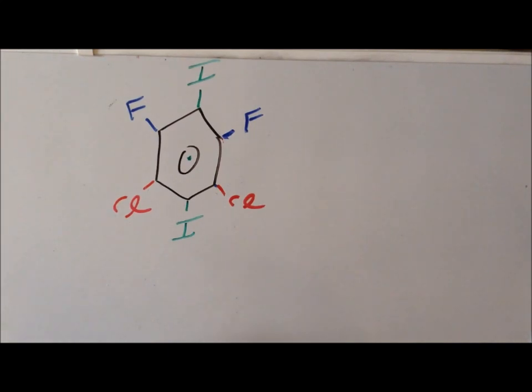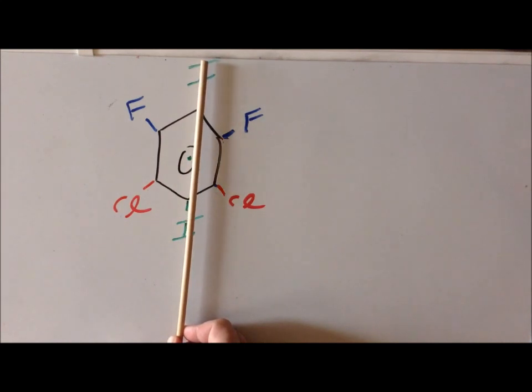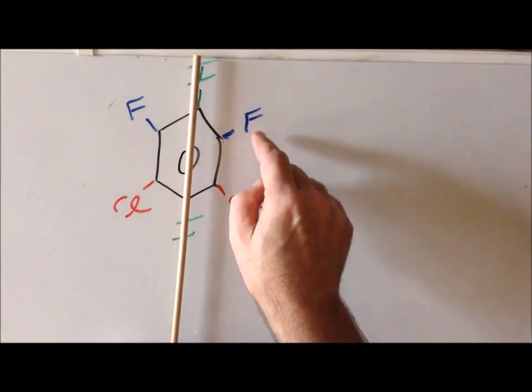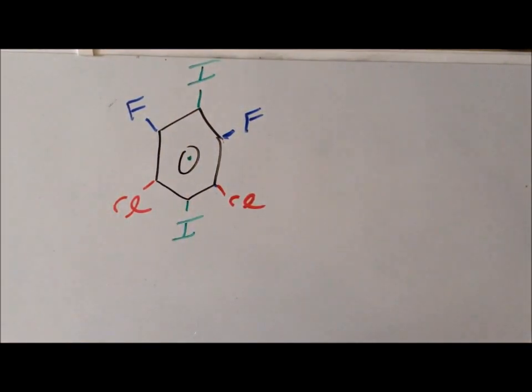If I take the y-axis here, that's going to give me a C2 because it's going to rotate fluorine into fluorine, chlorine into chlorine. So about this particular axis, I do have a C2. So there is at least one C2, and that's in the y direction.